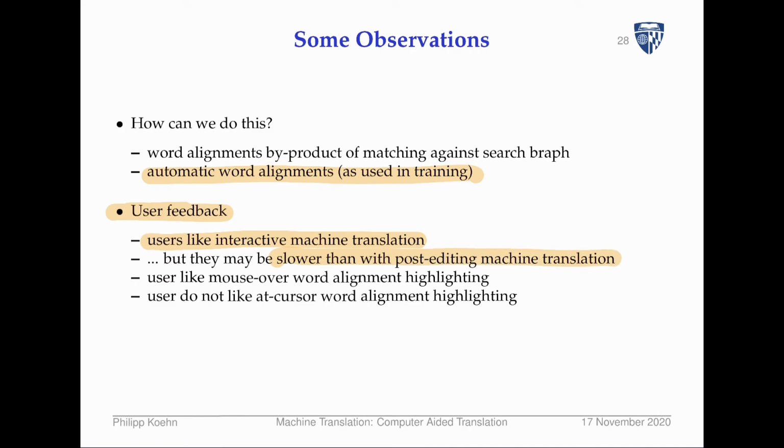More on these studies in a little bit. They had all these word alignment features. The add cursor word alignment that I showed here, they didn't like so much. And then there's another feature where you can go with a mouse over your sentence and it highlights things in the input. So I think the general feedback from users is sometimes contradictory.